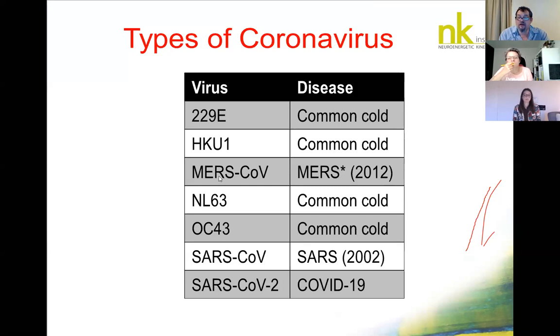And then we've got MERS, which is the Middle Eastern Respiratory Syndrome. This was in 2012. And from 2019, we've got what the virus is called SARS-CoV-2, and it's creating the disease called COVID-19.